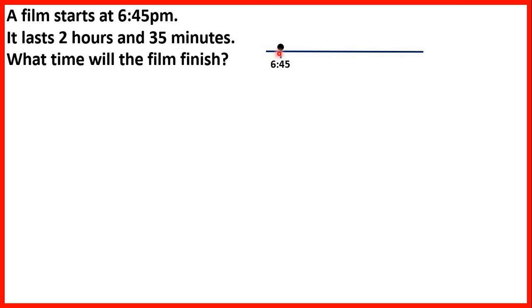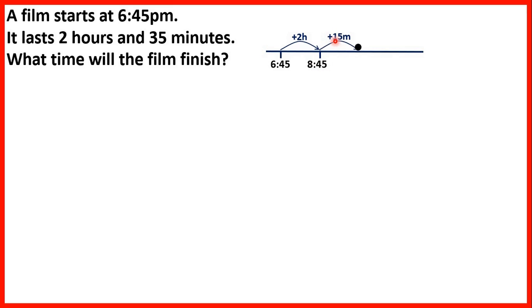So the film starts at 6:45. If we first add 2 hours, that will take us to 8:45. But now we need to add 35 minutes. 45 plus 35 is 80, but there are only 60 minutes in an hour. So first, let's add to take us to the next hour, so take us to 9 o'clock.